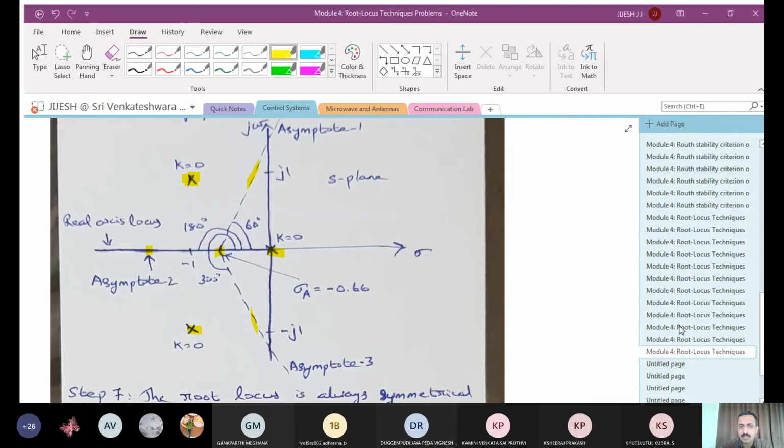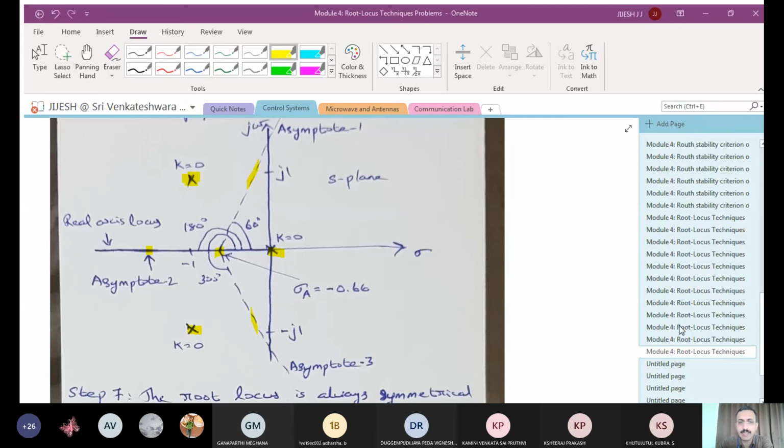So first let us go with finding the angle of departure of a complex pole. This we have discussed while explaining the steps.